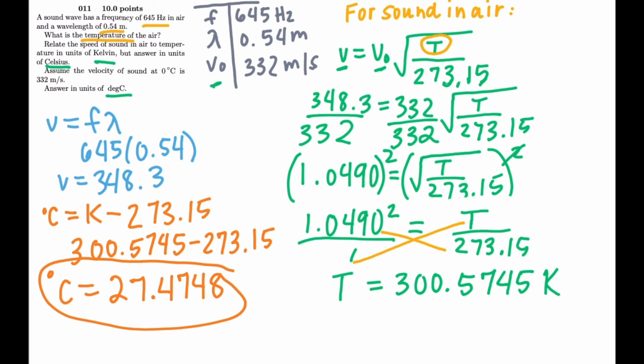We plugged all our knowns into the equation and solved for T in Kelvin, but we needed the value in Celsius in order to get it right in Quest. We took the Kelvin and subtracted 273.15, and that gave us an answer of 27.4748 Celsius.